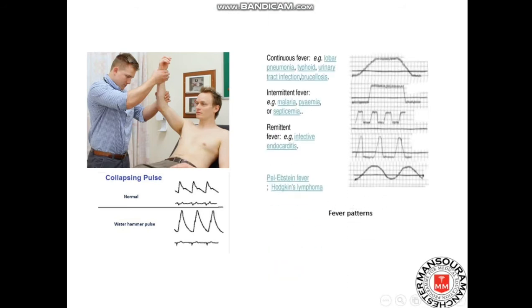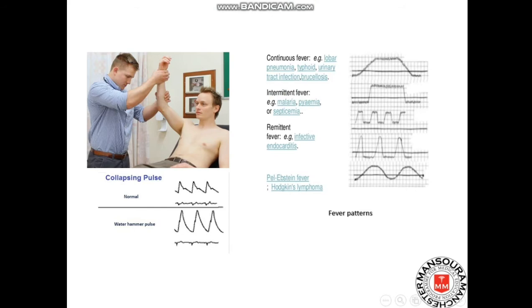And this shows fever patterns. Continuous fever is high fever through the day, seen in lobar pneumonia, typhoid, urinary tract infection, and brucellosis. Intermittent fever is seen in malaria and septicemia, with a period of afebrile at the first time of the day and high fever later in the day.